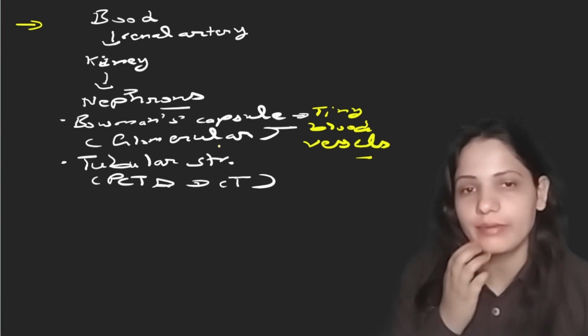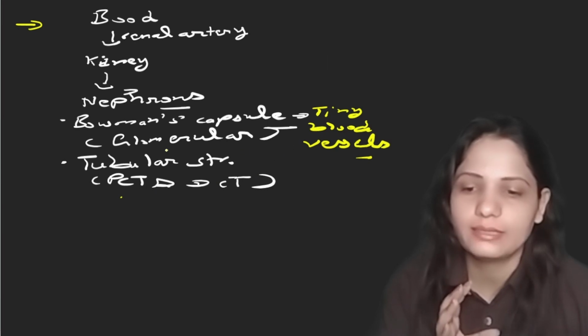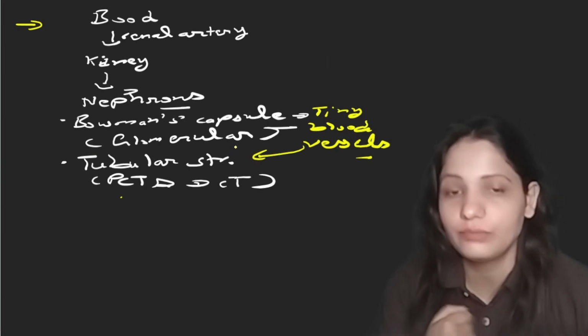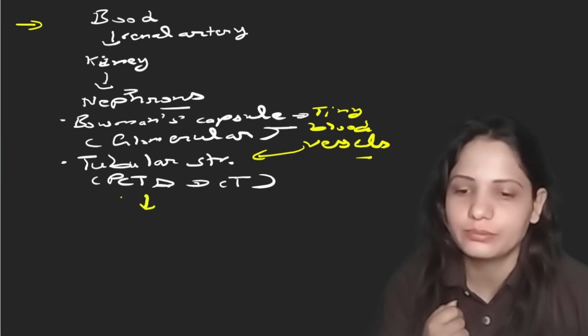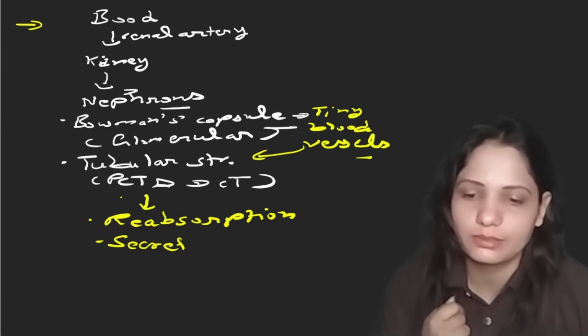Once the blood is filtered inside the Bowman capsule, it enters into the tubular structure. After filtration, what will happen? Reabsorption and secretion. These two steps will take place.